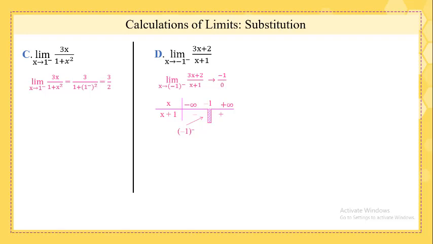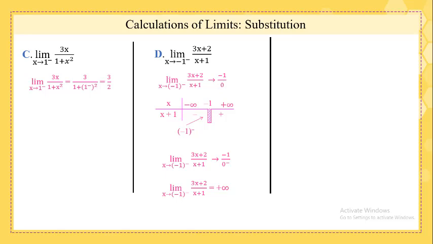We substitute and we use the table of sign to see the sign of x plus 1. As x tends to minus 1 minus, we focus our view before minus 1 in the table of sign to see that it's minus, so the limit is plus infinity.